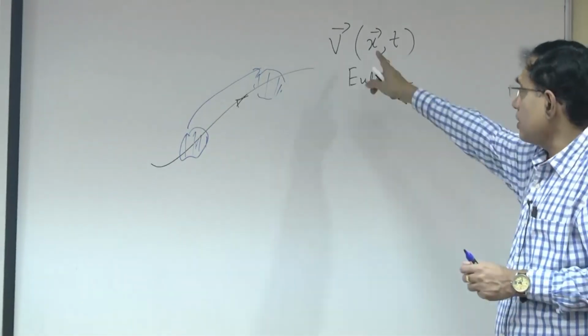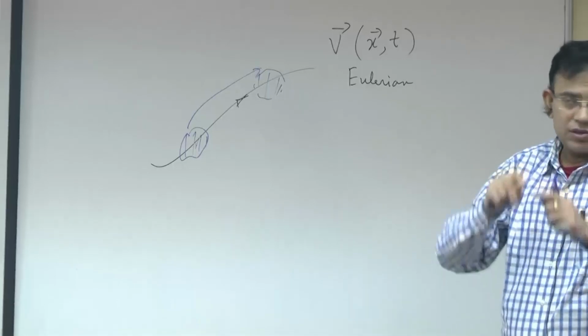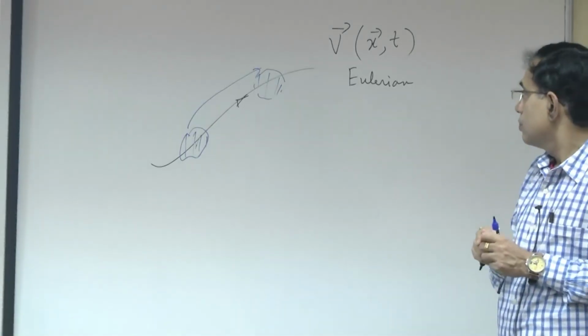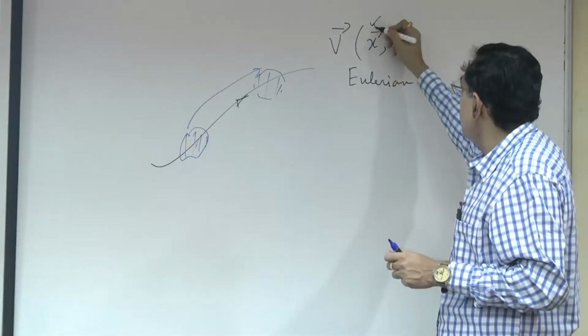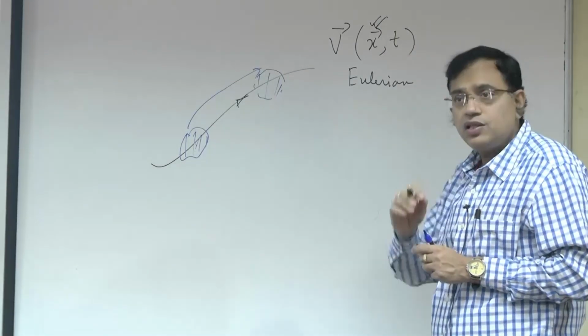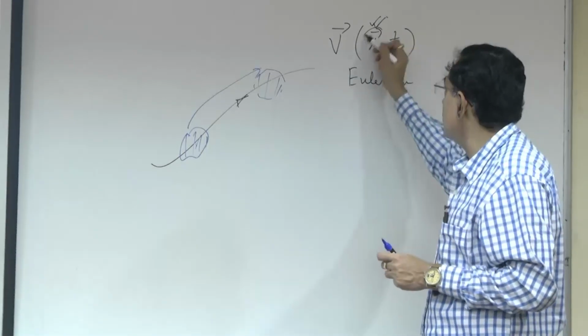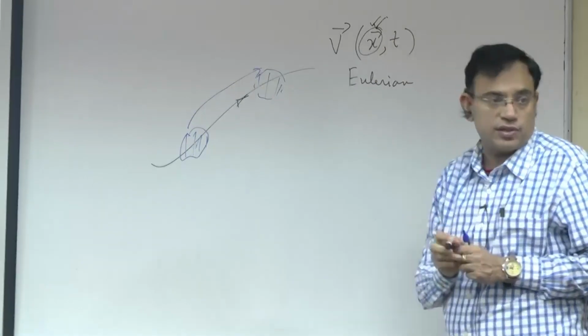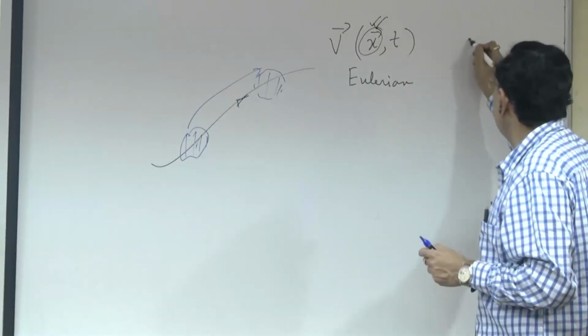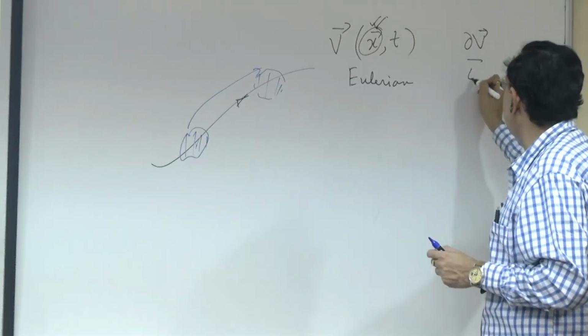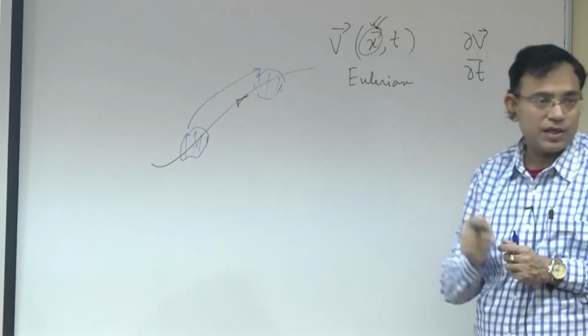This is not the velocity of a particle or some mass. If this at a given location changes with time, then even if the location is fixed, you will have a change in velocity. So, how do you quantify that? You quantify that by the time derivative of velocity at a given location.